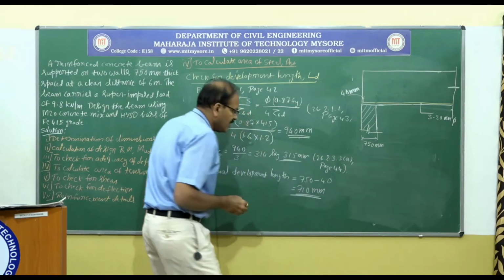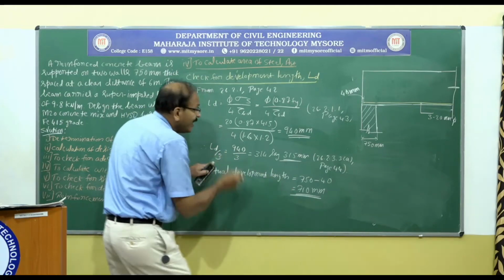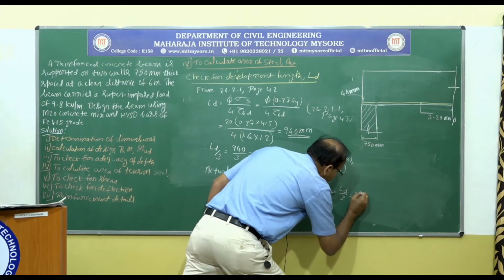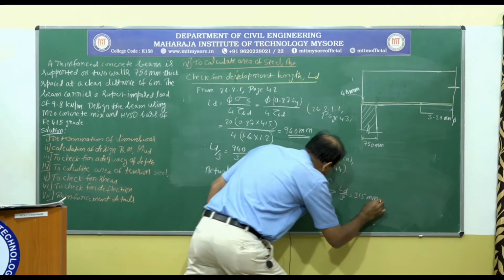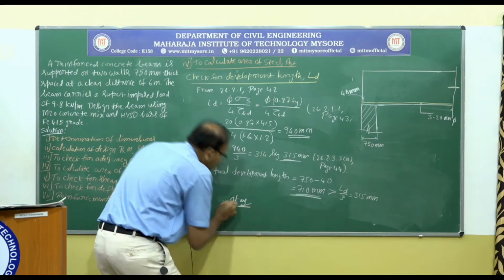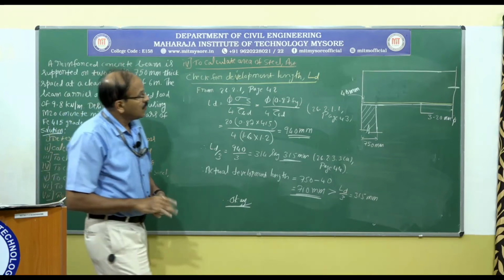That is the actual effective depth provided. This is greater than LD/3, that is equal to 315 millimeter. Therefore, okay. Is it clear to you?